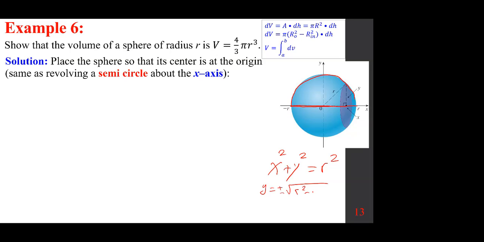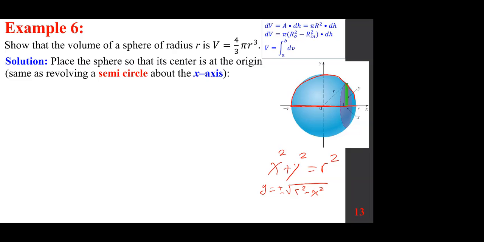The top semicircle is just the plus one. And we are going to revolve this about the x-axis. By the way, you can look at the right side and revolve it about the y-axis. It works out the same. So what we need to figure out is a typical vertical strip, and then we are going to revolve it. So here's the strip and the distance from the axis of rotation.